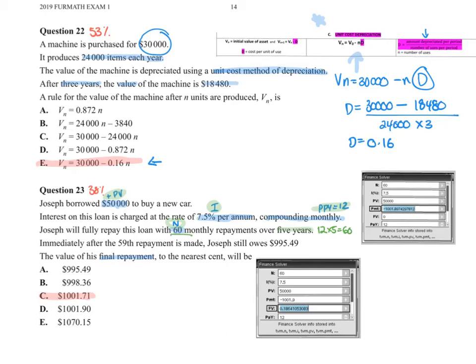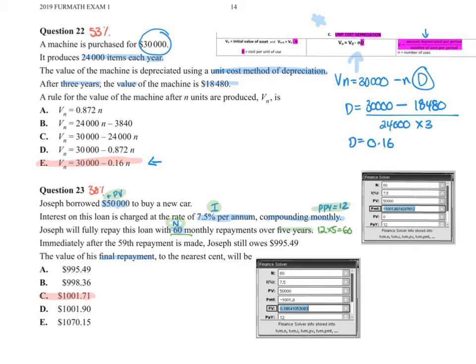Immediately after the 59th payment, Joseph still owes 995.49. So what is the final payment to the nearest cent? So what I would like you always to do is, first of all, you want to see what the payments are, the final payment. Because we don't even know what the payments are.